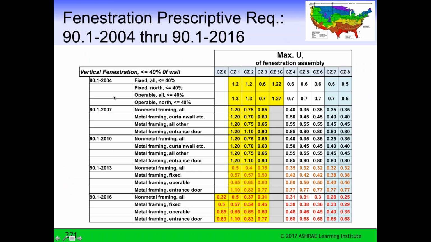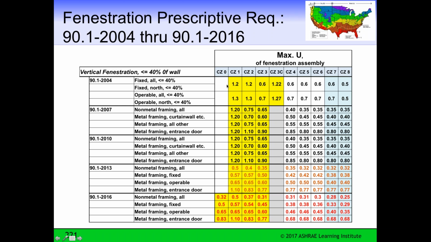So let's look at the impact of changes from 2004 at the top, 2007, 2010, 2013, 2016. What has been the change in the maximum U-value for fenestration assemblies across climate zones 0 through 8?